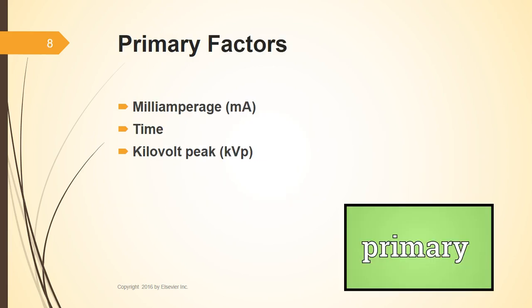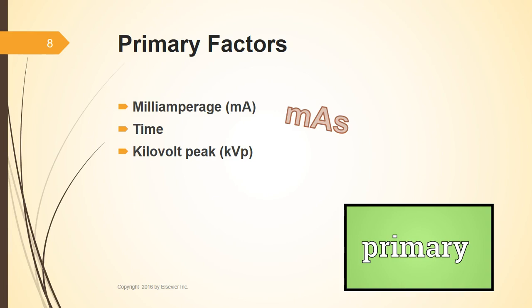So like I said, this chapter is broken into primary and secondary factors. The primary exposure technique factors that the radiographer selects on the control panel are milliamperage, time of exposure, and kilovoltage peak. Depending on the type of control panel, milliamperage and time may be selected separately or combined as one factor, mass, which is milliamperage per second.